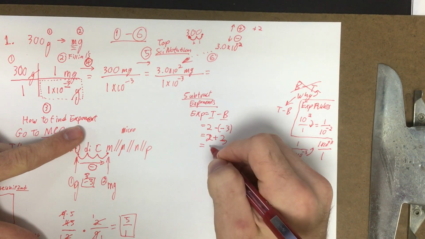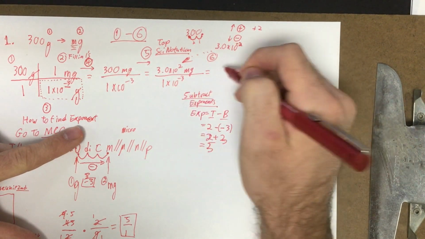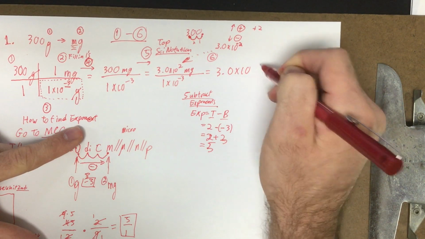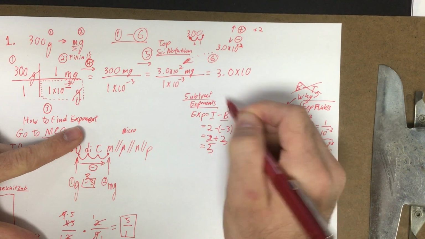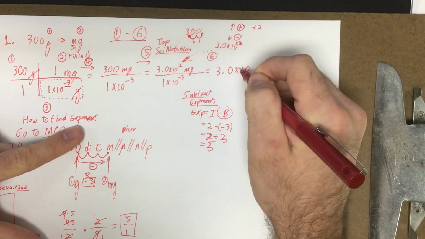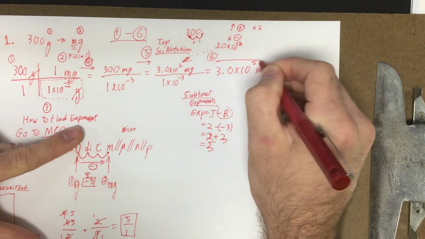So 2 plus 3 is 5, so it's positive 5. Now I've got 3.0, you've got to rewrite it, times 10, and now you've gotten rid of this because you accounted for it by subtracting. 3.0 times 10 to the positive 5 milligrams. And that is going to be our answer.